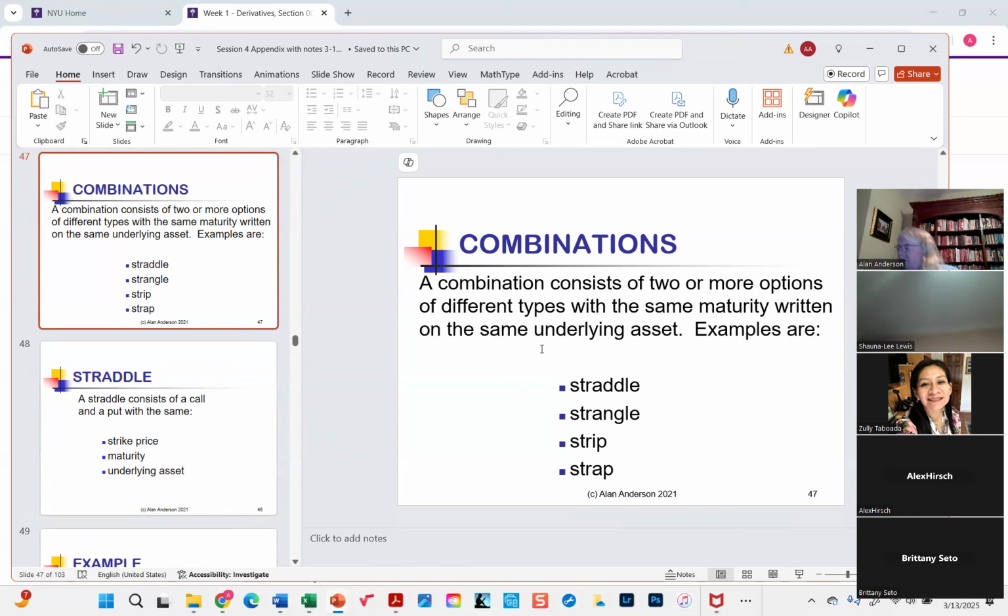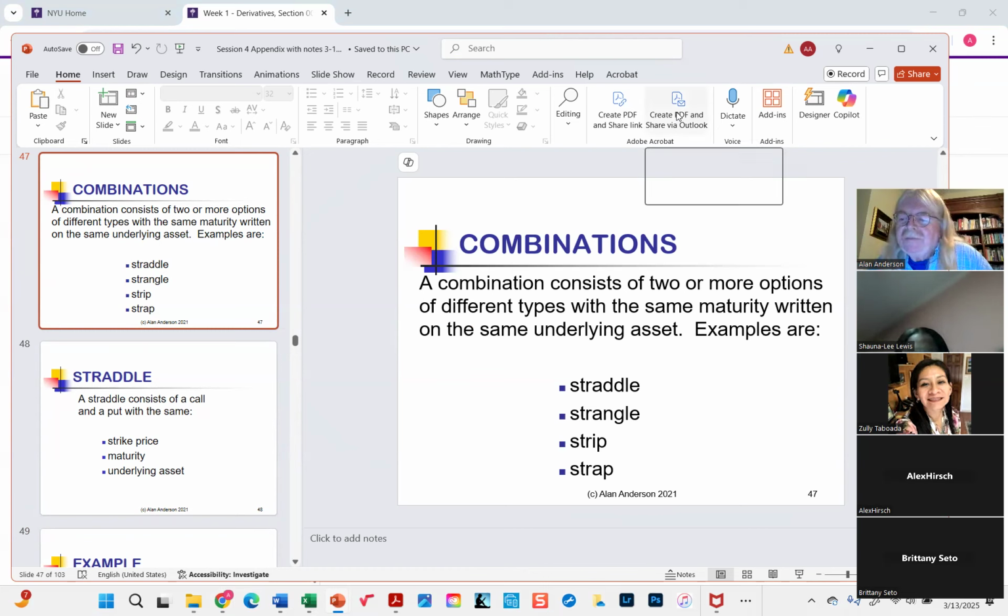All right. Let's see. So anyway, we're done with the spreads.